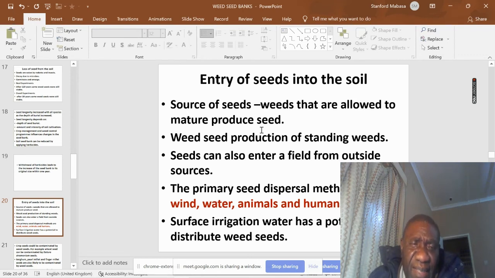We have got seeds that can also enter a field from outside sources. This could be through dispersal. So the primary seed dispersal methods are wind, water, animals, and humans, as we have discussed. Surface irrigation water is a potential to distribute weed seeds as well.